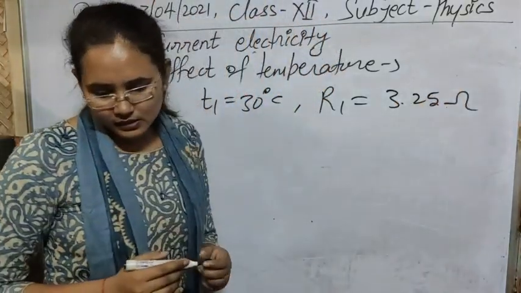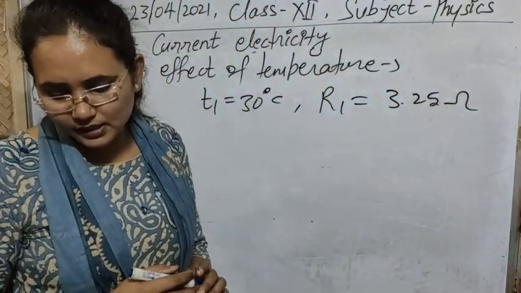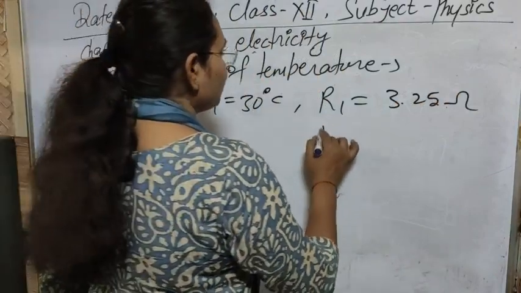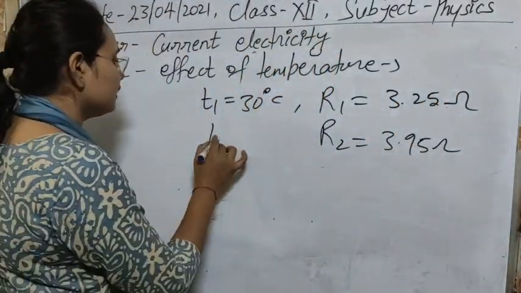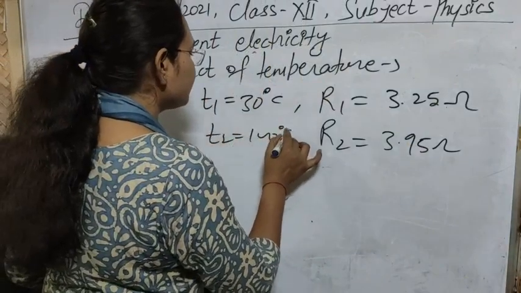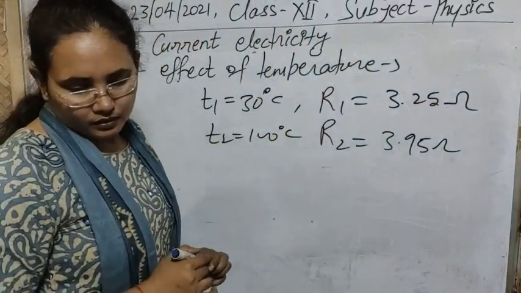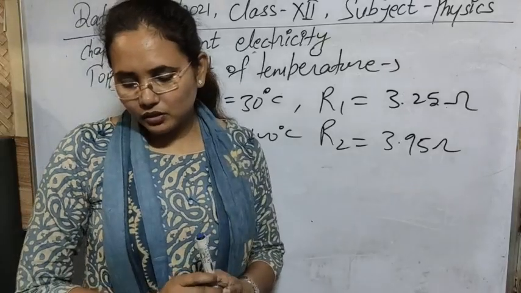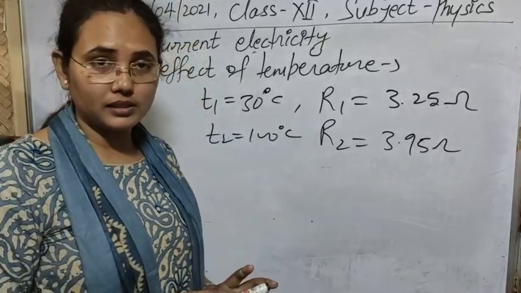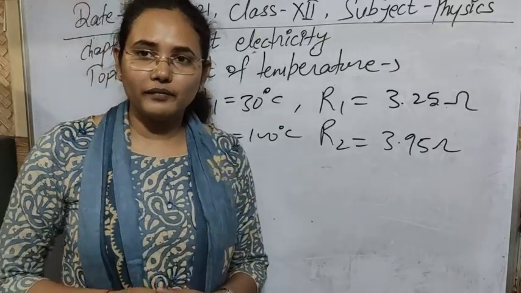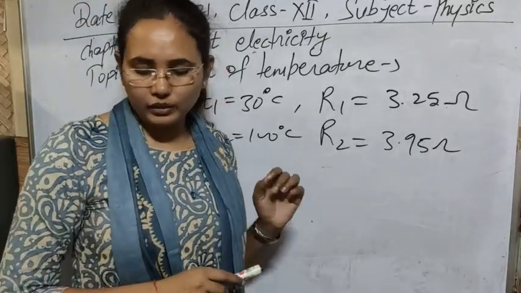Clear? Next, at 100 degrees Celsius it is 3.95 ohm. So R2 is 3.95 ohm at T2 equal to 100 degrees Celsius. Then calculate the temperature coefficient of resistance of the conductor and also the resistance of the conductor at 0 degrees Celsius. So we have to calculate alpha first, and after that R0.